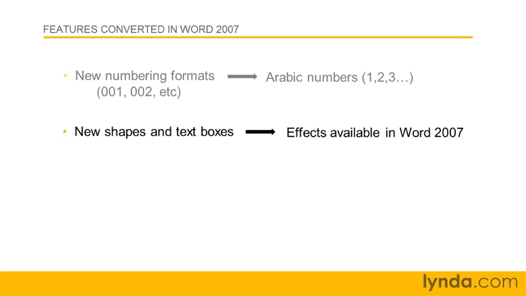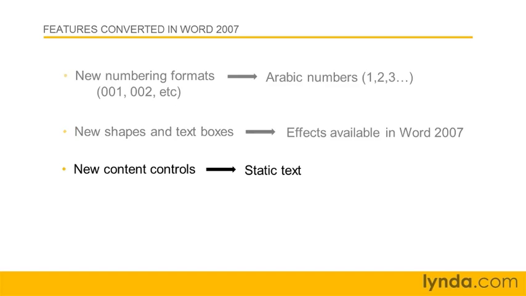Any effects that are not available in Word 2007 will be converted when you open that document in Word 2007. There are new content controls in Word 2010, for example, a new checkbox that we'll look at. Those content controls are converted to static text if that control doesn't exist in Word 2007.